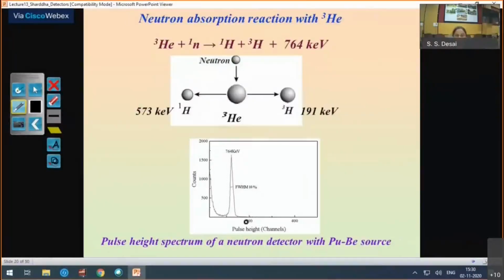Many times, while looking at X-ray and neutron detectors, there is confusion about whether the energy we are seeing is of the neutron. And here I am showing one small factor, the FWHM, the full width at half maximum.